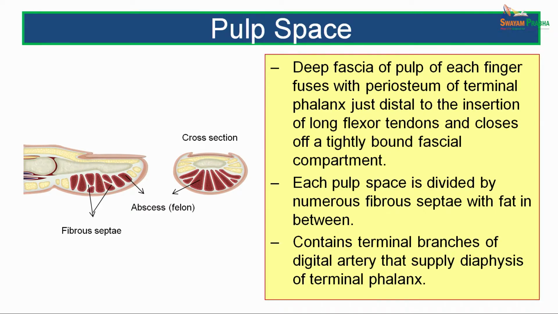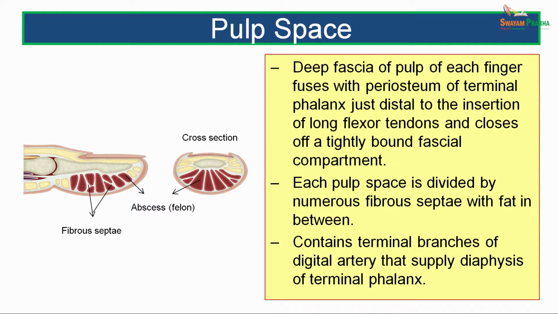The pulp space is seen related to the palmar aspect or the palmar skin of the distal phalanx. Spaces between the skin covering the palmar surface going down up to the distal phalanx of the digits.